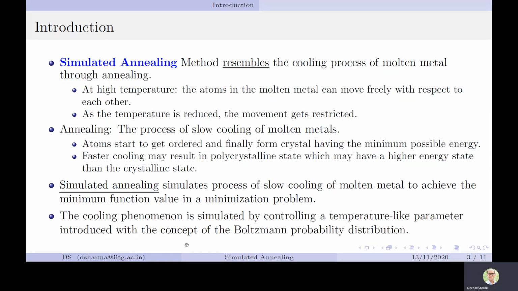The cooling phenomenon is simulated by controlling a temperature-like parameter introduced with the concept of the Boltzmann probability distribution. As this process involves some stochastic behavior, that stochastic behavior is incorporated using the Boltzmann probability distribution. We'll see how.